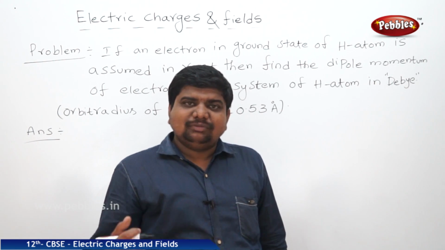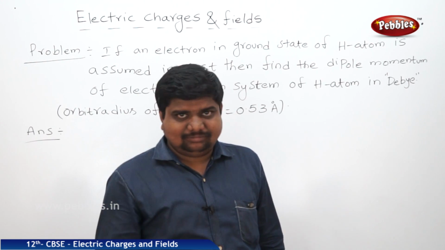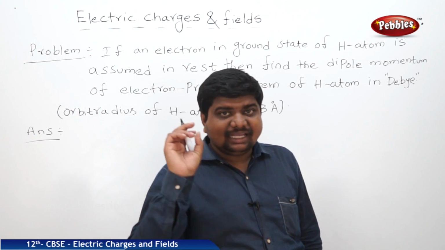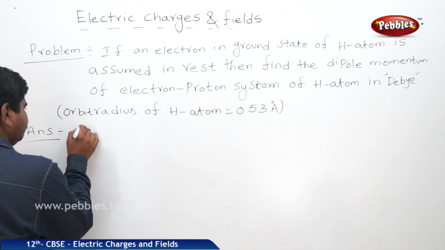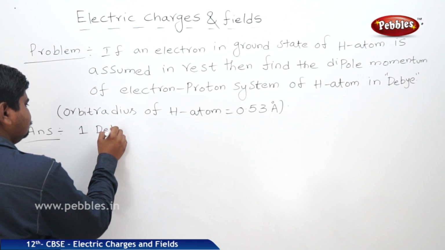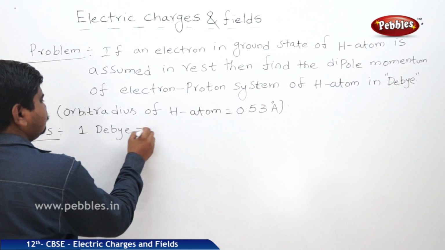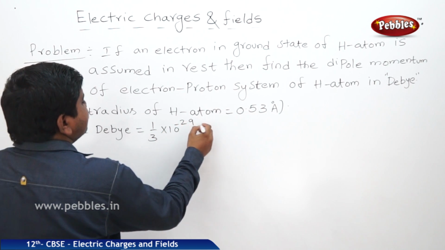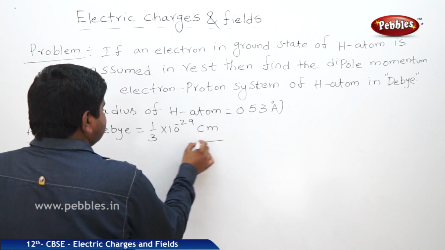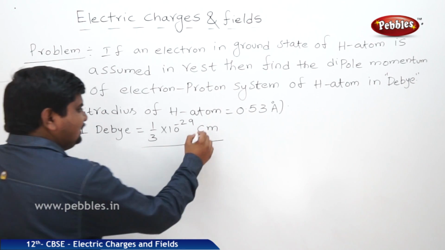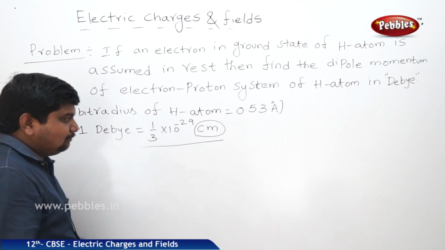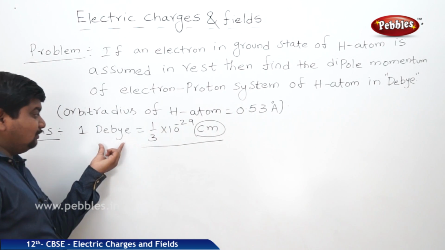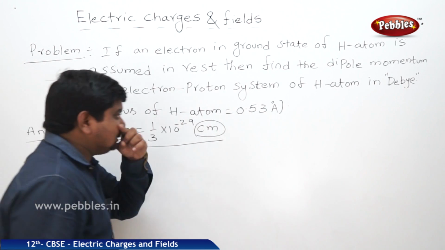We know that dipole momentum unit is coulomb meter, but 1 Debye is equal to 1 by 3 into 10 to the power of minus 29 coulomb meter. Now we will find the answer in coulomb meter, then multiply with this one, then the answer will convert into Debye system. So listen carefully.